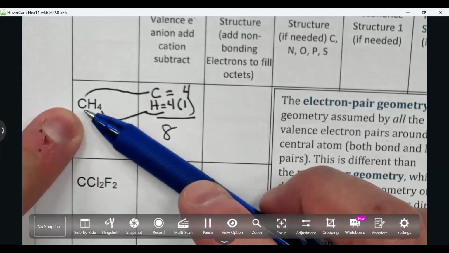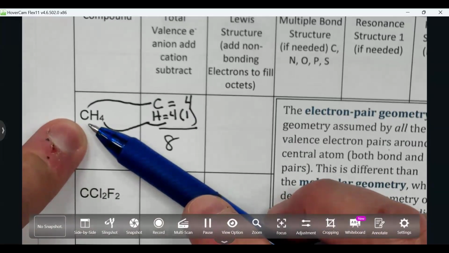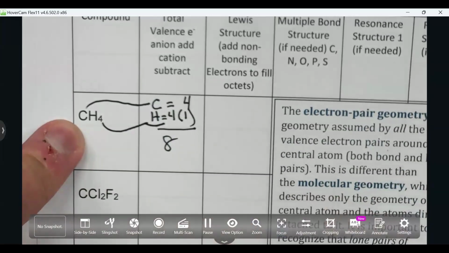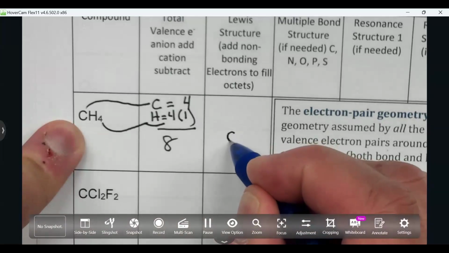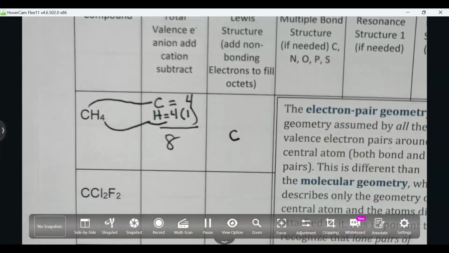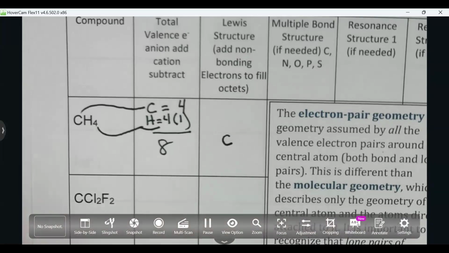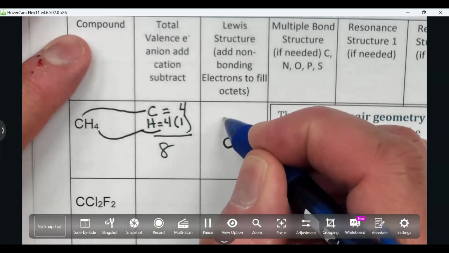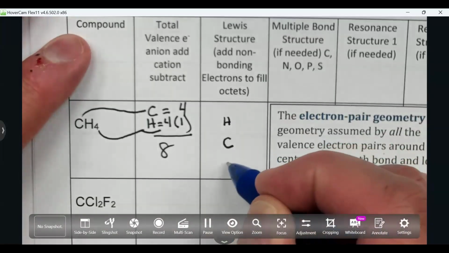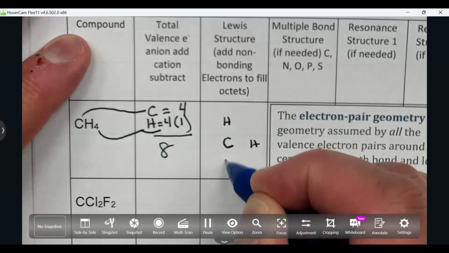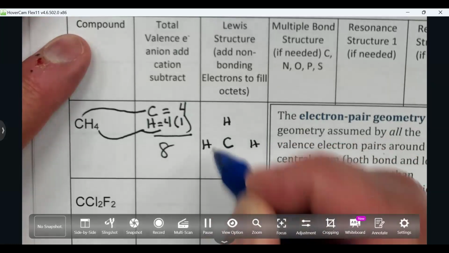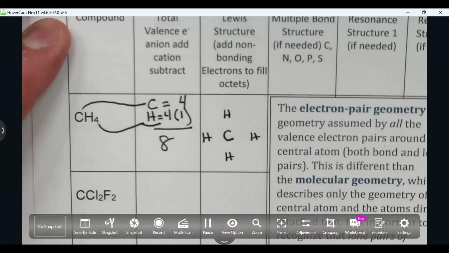Now, typically your central atom is written first. It's going to be the lone atom a lot of times. So we're going to put carbon down. We've got 4 hydrogens to put down, as far away from each other as they can. 4 hydrogens around the carbon, so we're going to go top, right, bottom, left.